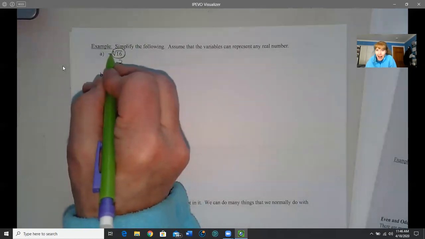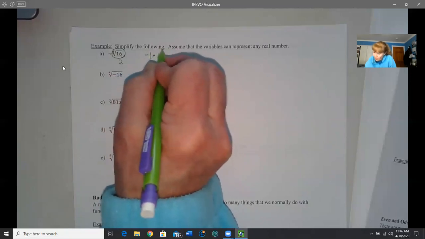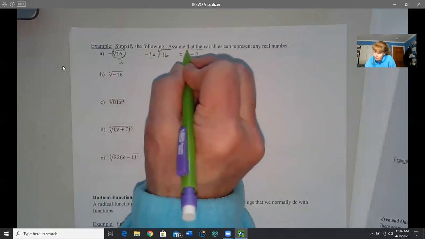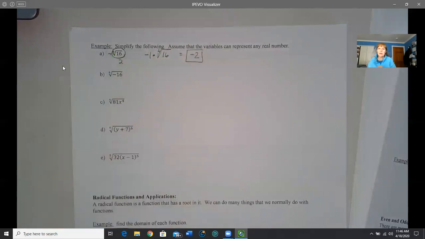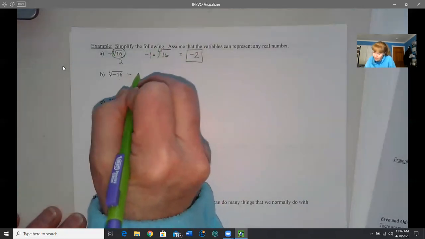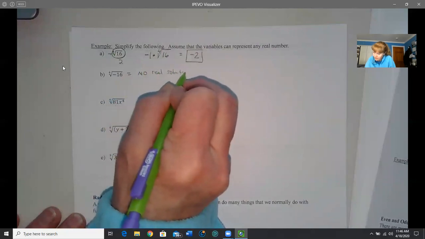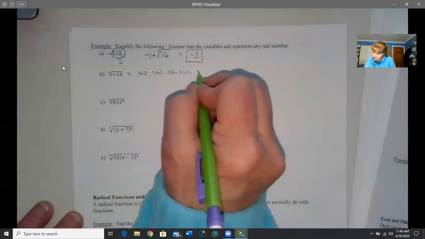Because of the negative on the outside, it means take a -1 times whatever you get. So your answer is -2. That's the only way you're going to get a negative when you have an even index, is if the negative is on the outside. That's it. So this one cannot be reduced, no real solution. It cannot be done. It does not exist. No real solution exists.